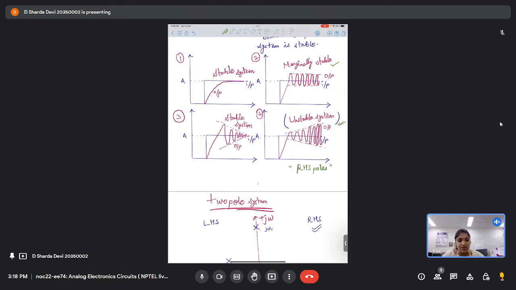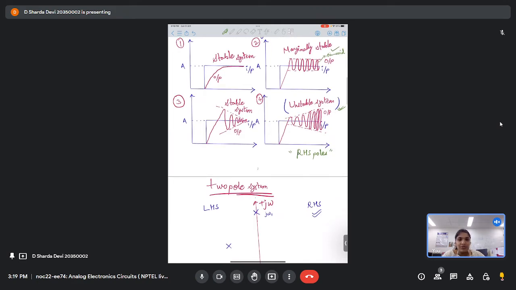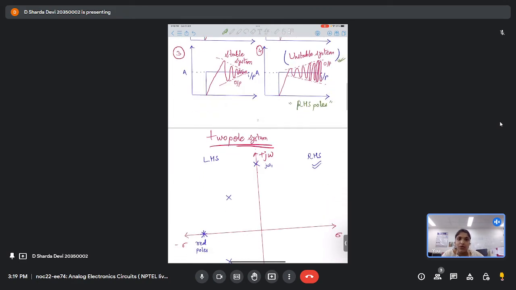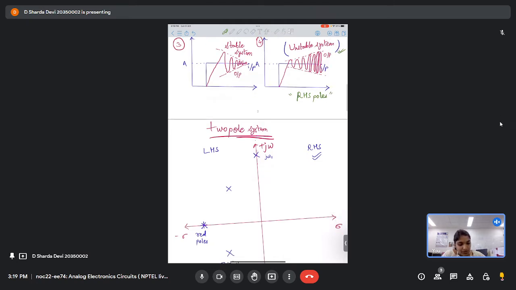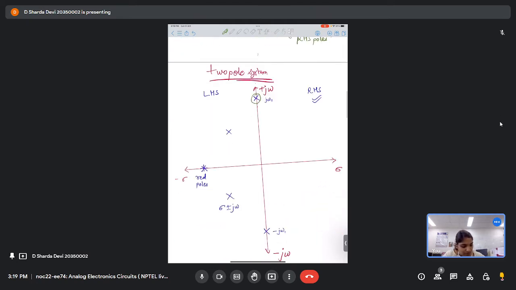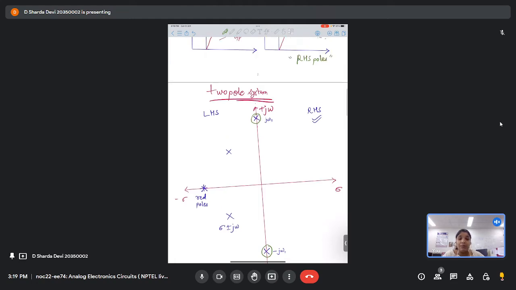A sinusoid oscillates across a mean position, right? And its amplitude never changes. So, this behavior corresponds to a sinusoid. And when we talk about a sinusoid, its roots are j omega, that is, only the imaginary part. So these two poles are imaginary.